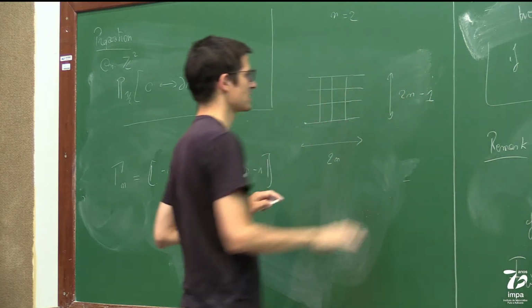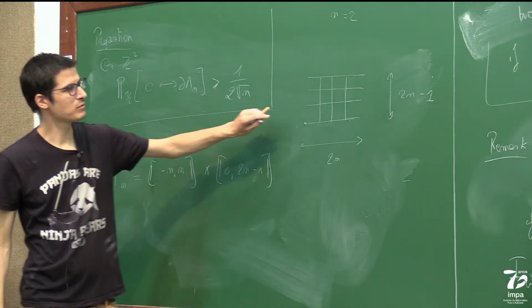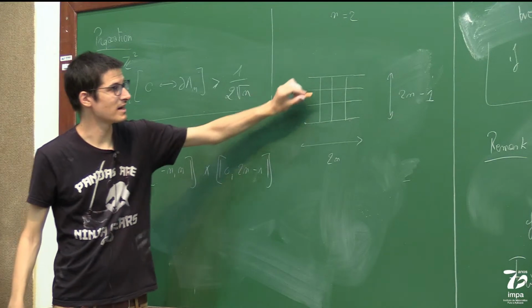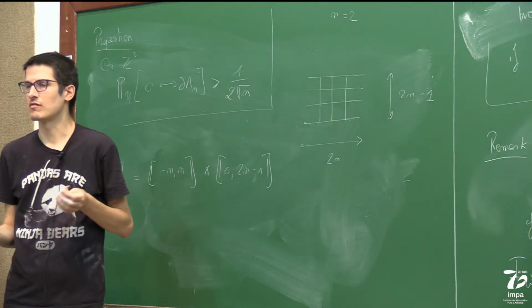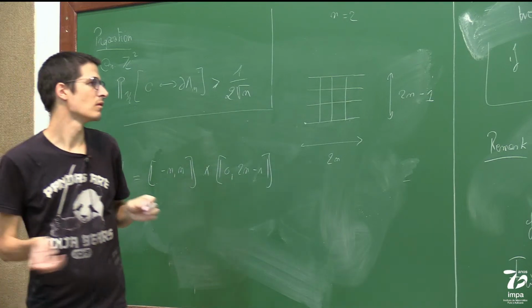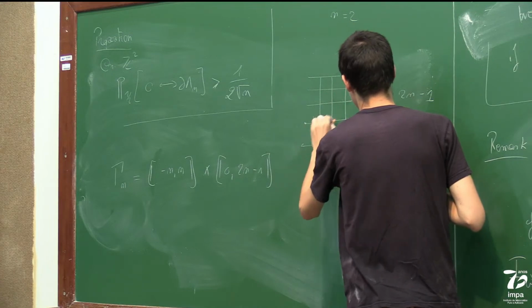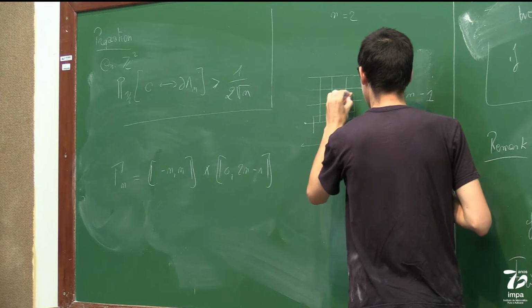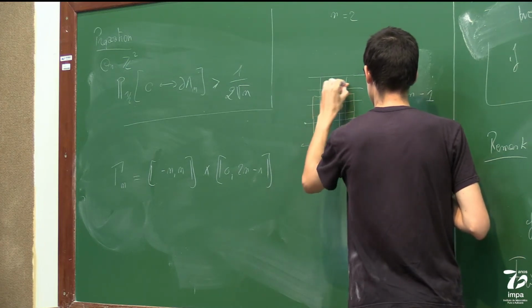Okay, and you can see that when we're trying to cross this rectangle, we are using edges in this graph, because we don't need the edges there. And this graph has the property of being self-dual, in the sense that its dual is just itself, but rotated by 90 degrees.